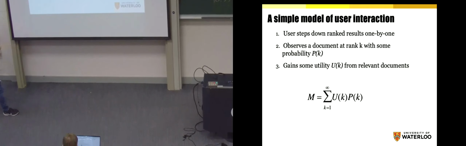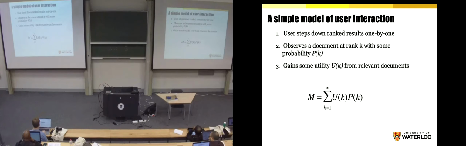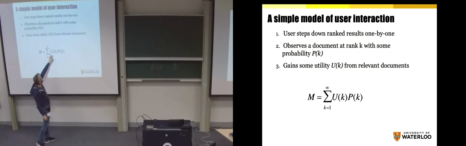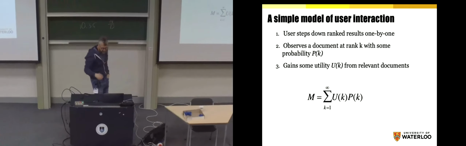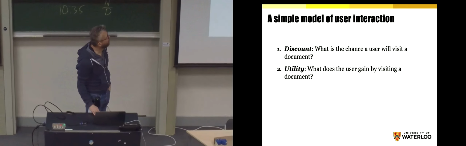You can think of it as a user model: how likely is someone to see the thing at rank 10? Or it's just a decay. What you want out of these measures is that a really great thing at rank 1 is much better than a really great thing at rank 6, and an okay thing at rank 1 is better than a bad thing at rank 1. So we want to balance out these factors. We sum over ranks and ask how good is the thing at the rank, and what's the discount for reaching that rank.